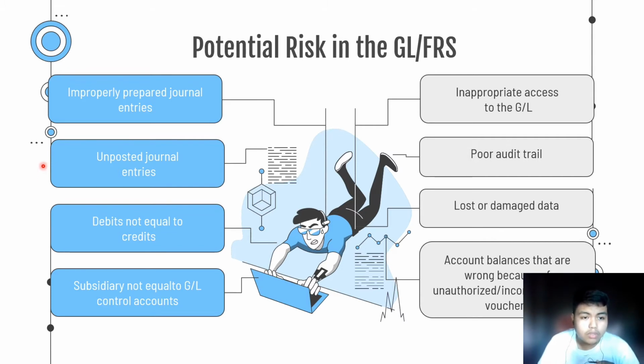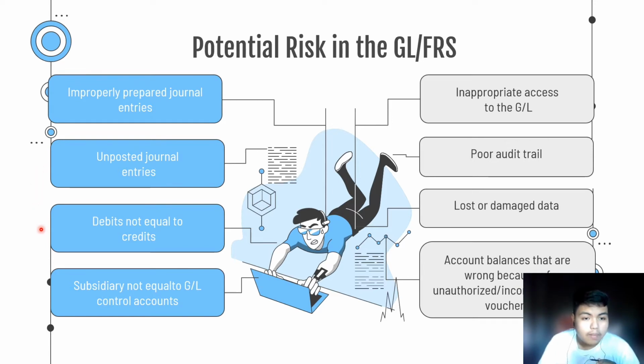So, pag may unposted journal entries, ang tendency na mangyari nito is misrepresentation. Kasi pag unposted, edi may mga accounts na understated or overstated. So, dapat binawash out nito ng entity and dapat ma-regulate siya.